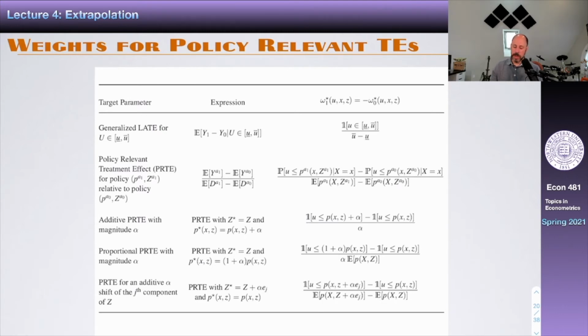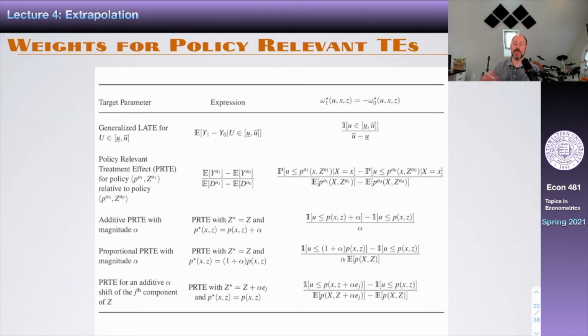You can also change one of the components I wrote here. Policy relevant for an additive alpha shift on the jth component of Z, assuming that you have more instruments. So in that case, the new propensity score stays the same as the old one. All this you can see is not related to the intention to treat, which will just be expected value of y1 minus y0 conditional on the instrument being equal to, say, 1.